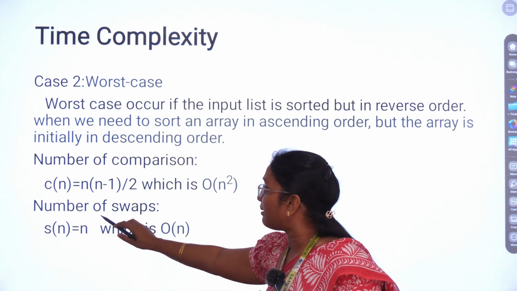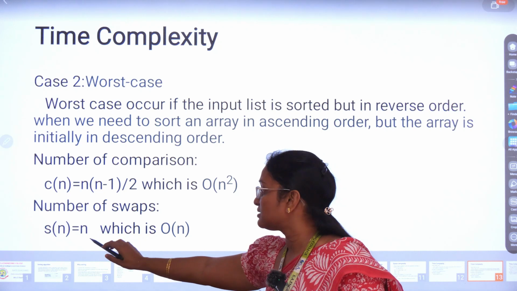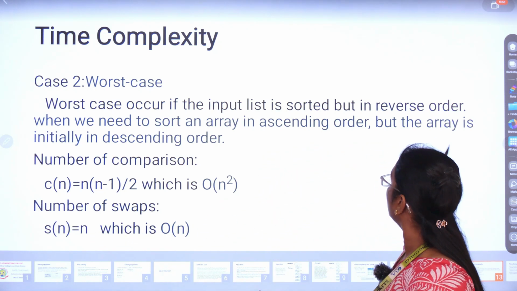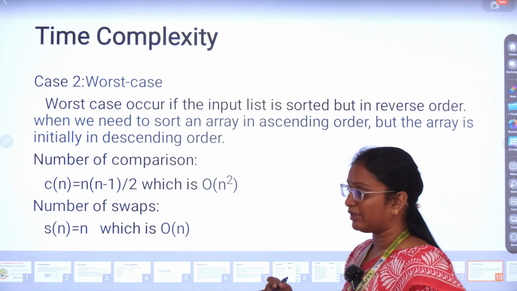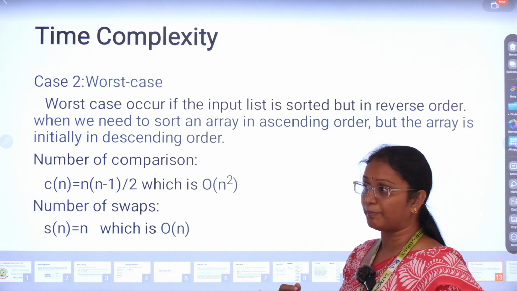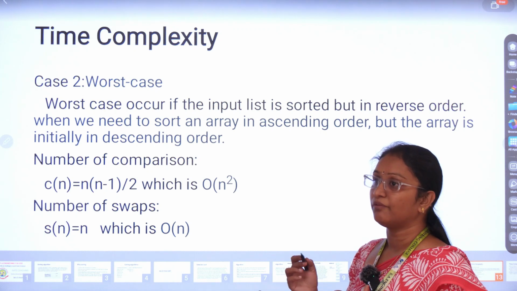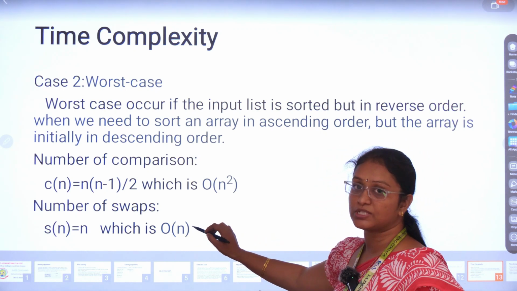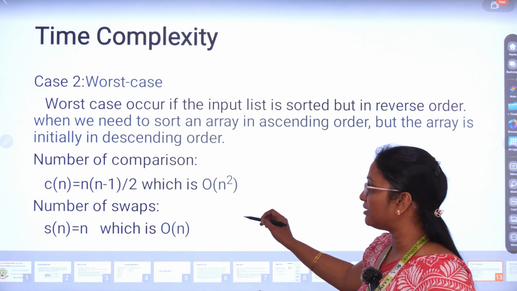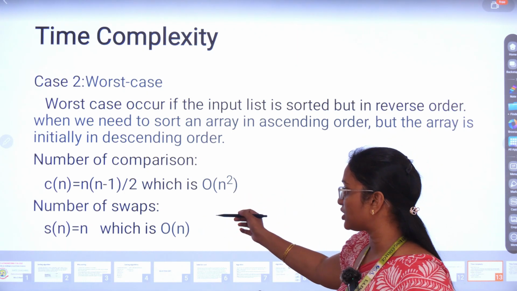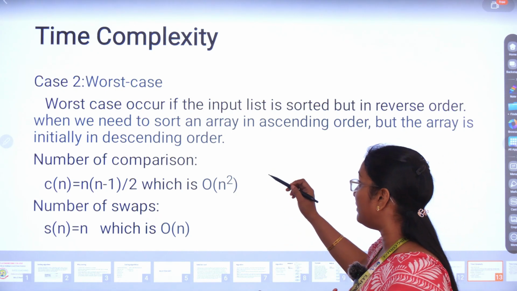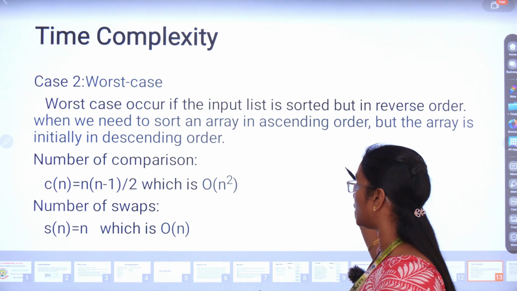Number of swaps is n, which is in the order of n. If we perform the operation from descending to ascending, n means the number of integers in an array. If n is 5, then 5 swapping operations will occur because it makes the order into a sorted order.